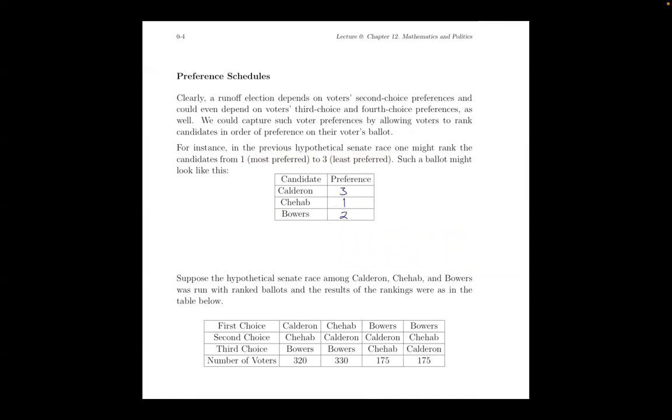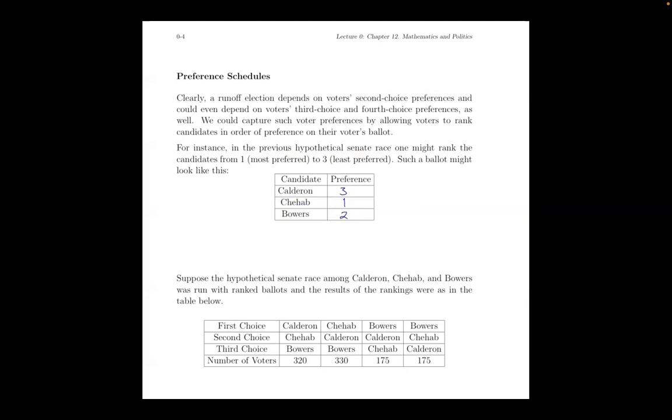What will happen with this method of counting the votes is, once my candidate is no longer viable, this vote will be erased, and then my vote will become my second choice. So once Shihab is no longer a viable candidate, now Bowers is the candidate I'm voting for. So I'm still able to support the candidate I'd rather have in place of Calderon. And that's how a ranked choice ballot would work.